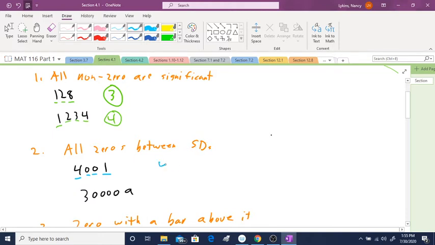So there are a total of 4. Take a look at the second example: 3, then 4 zeros and a 9. So this is a total of, I think you all have guessed it, 6.